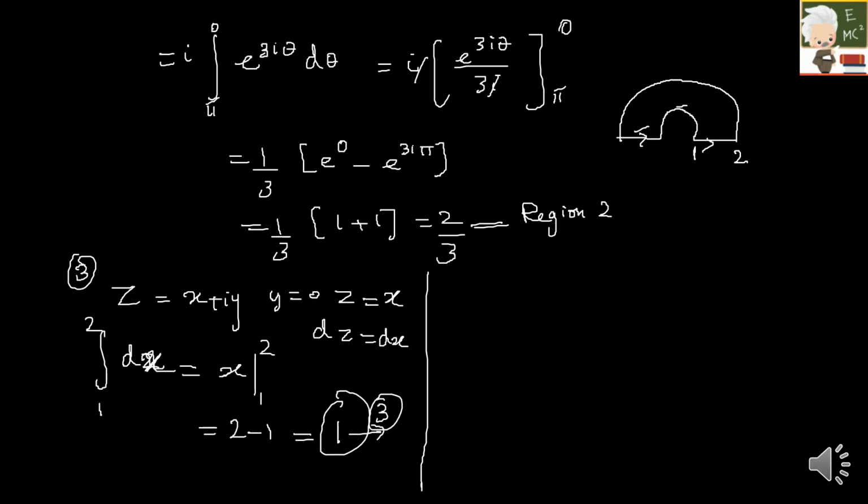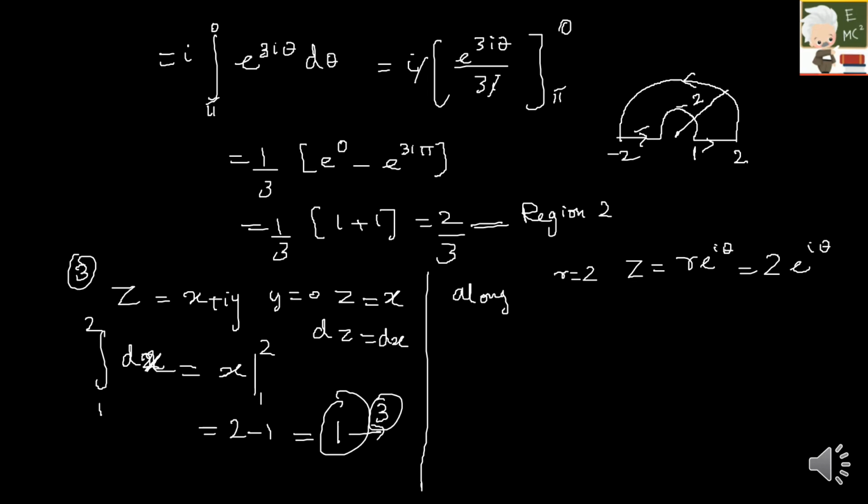So now we have to find for the fourth region. So what is your fourth region? It is from minus 2 to plus 2 to minus 2. So it is a curve. So this is along a curve. So here if you look, what is your radius in this figure? The radius here is 2, right? So your r is equal to 2. So actually your z is given by r e raised to i theta, which will be 2 e raised to i theta.